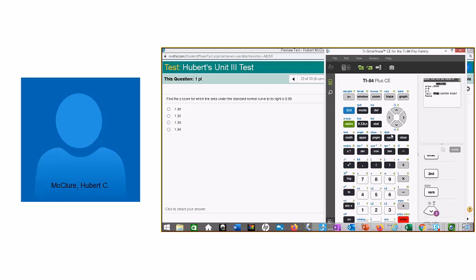I was hoping it'd keep it in there. Yeah, it did. And I'm going to change it to the right. So that's going to be a big number because 0.09 is a little bit. So yeah, it's going to be on the right side.